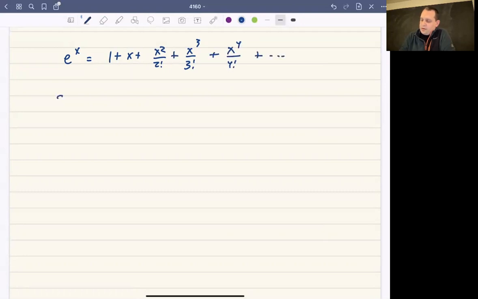I'm going to remind you that sine of x is x minus x cubed over 3 factorial plus x to the 5th over 5 factorial minus x to the 7th over 7 factorial, and so on.